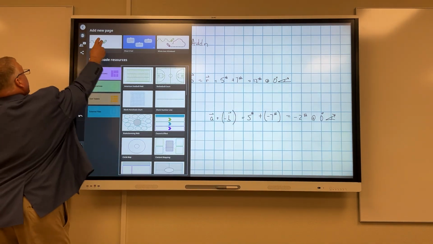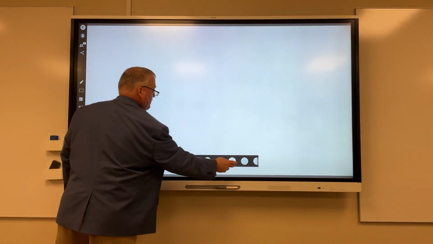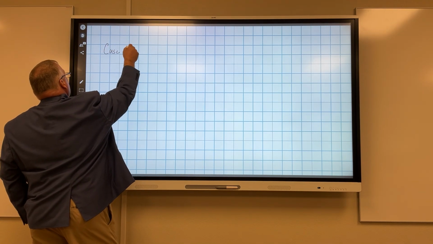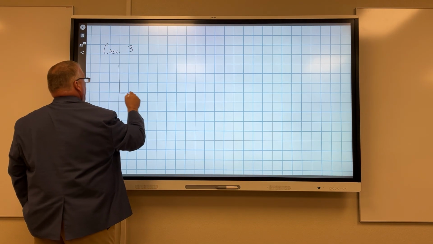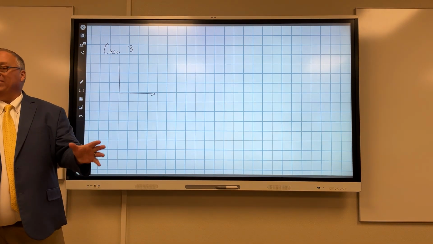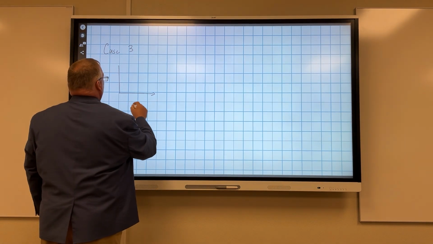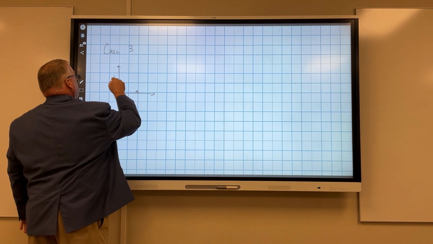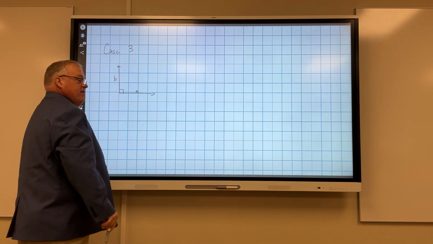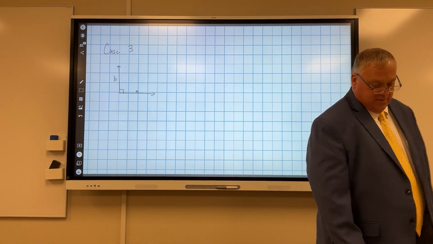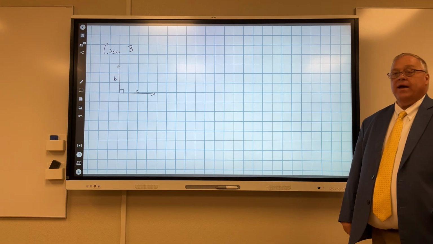Okay, so we're going to pick case number 3. And I'm not an artist. We'll just go ahead and state that to begin with. We've got vector A, or force A, and force B, but they are at 90 degrees to one another. Okay?